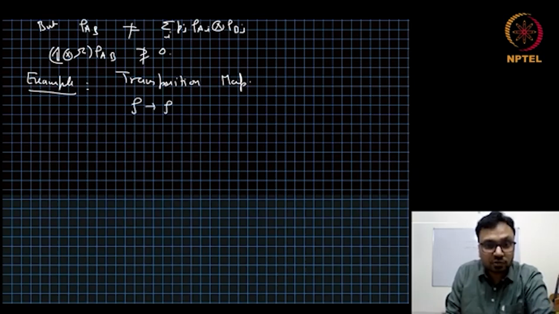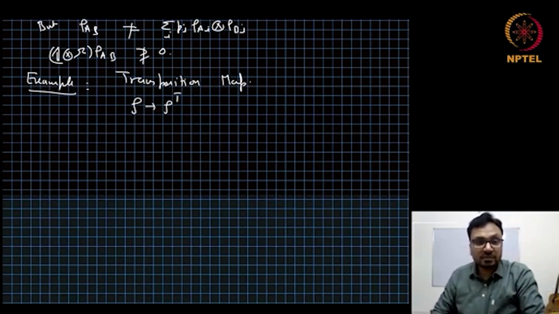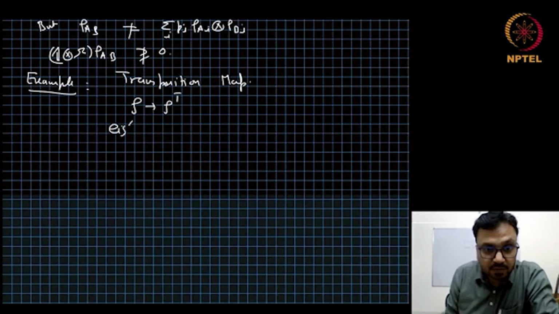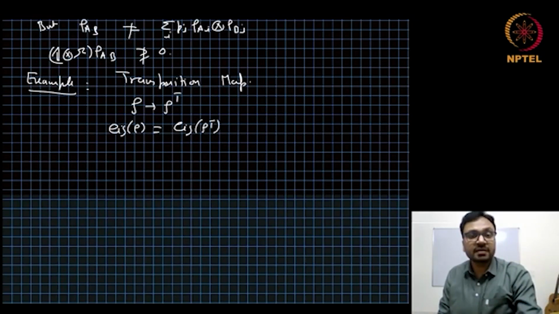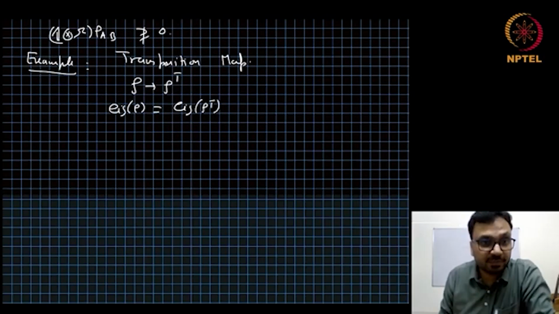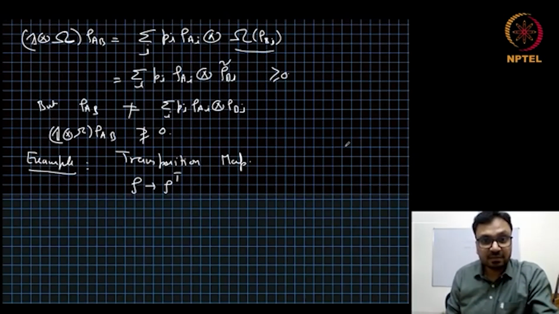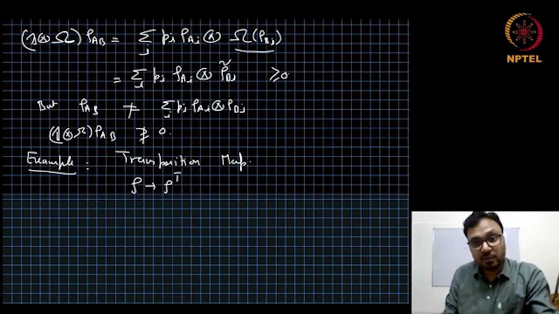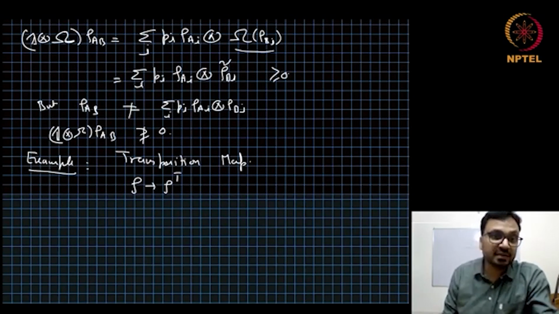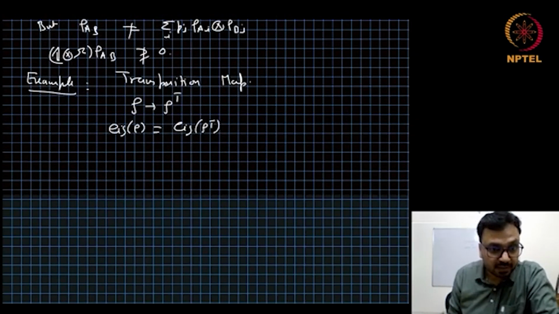So rho goes to rho transpose is the map we have. So we can see that the eigenvalues of rho are the same as the eigenvalues of rho transpose. So in that way, it maps all the positive operators to positive operators, so in that way, it's a positive map. So it means if there is a separable decomposition, we apply transpose on one side, we will get another positive operator, and in that way, it satisfies what is required.